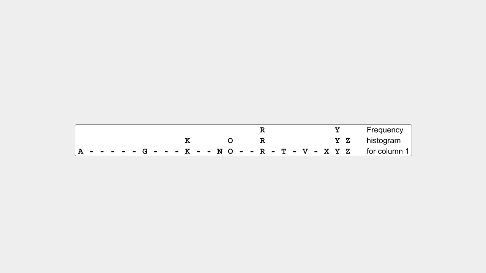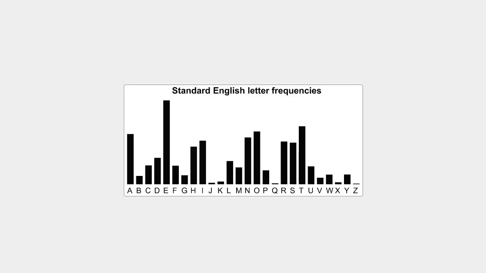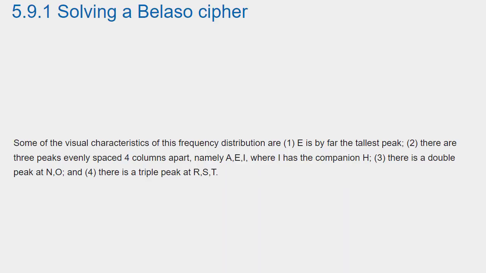The histogram for the first column of the ciphertext would be. With only 18 letters, this is rather sparse, but it is enough. Let's compare this to a histogram of standard English letter frequencies shown next, and try to figure out the shift. Some of the visual characteristics of this frequency distribution are: 1.